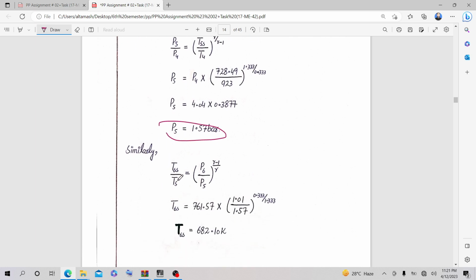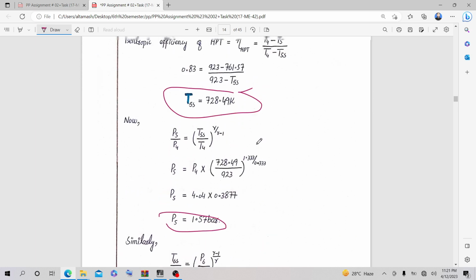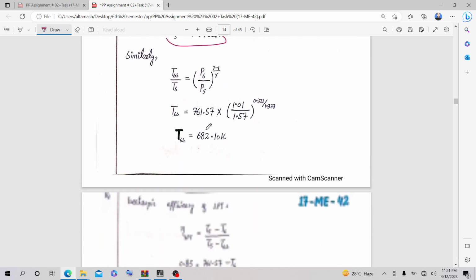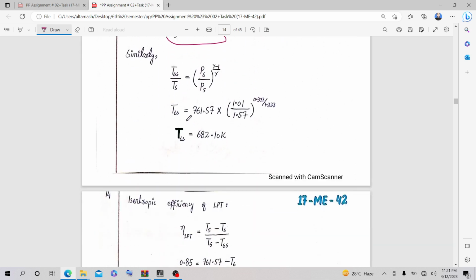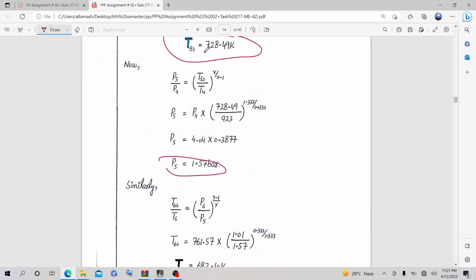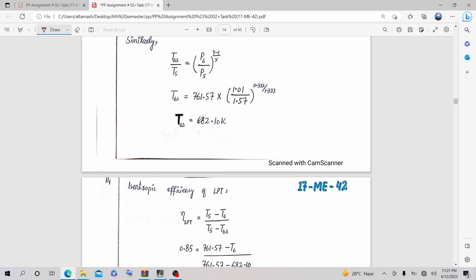Similarly, T6 by T5 is P6 by P5 to the power gamma minus 1 over gamma. We have calculated T5 above, and we will use this T5 to calculate the value of T6.